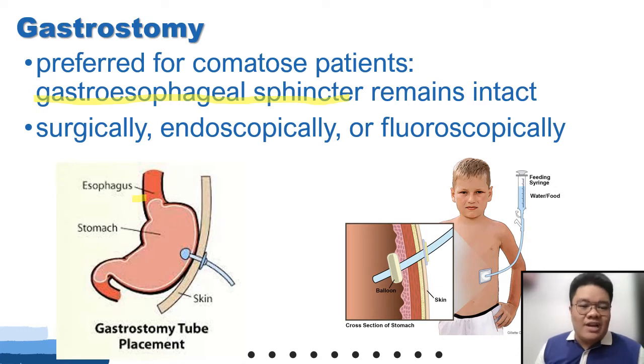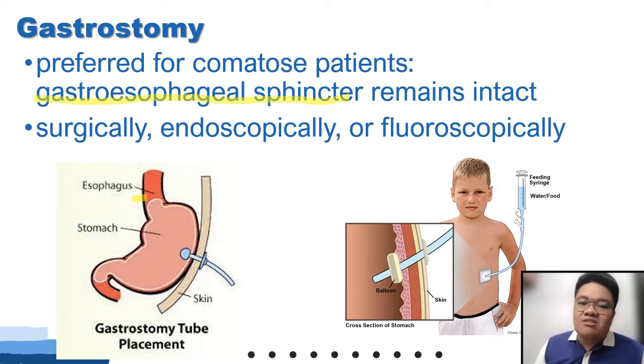It would still backflow to your esophagus, which leads to the risk for aspiration. So, if the gastroesophageal sphincter is not intact, the best tube to be chosen is your jejunostomy tube.